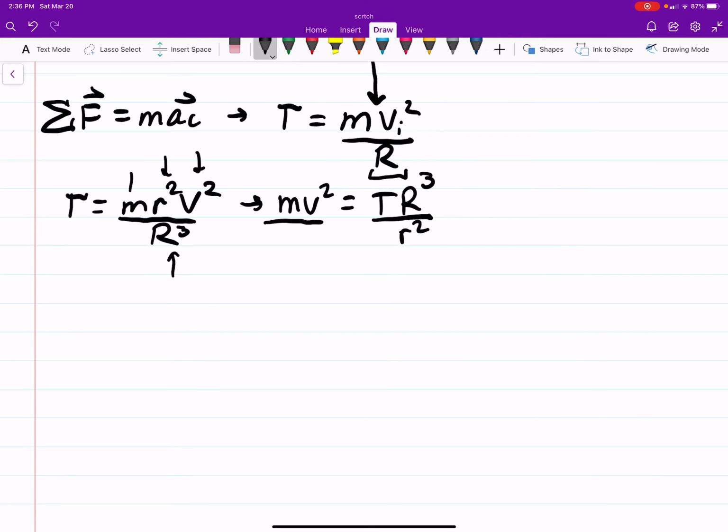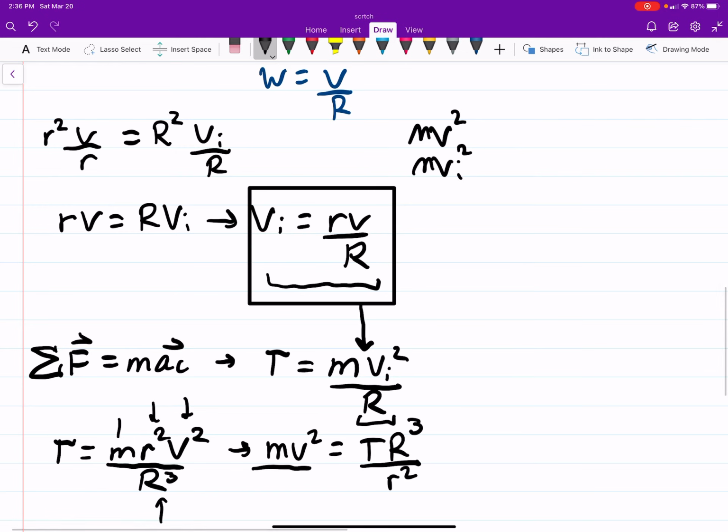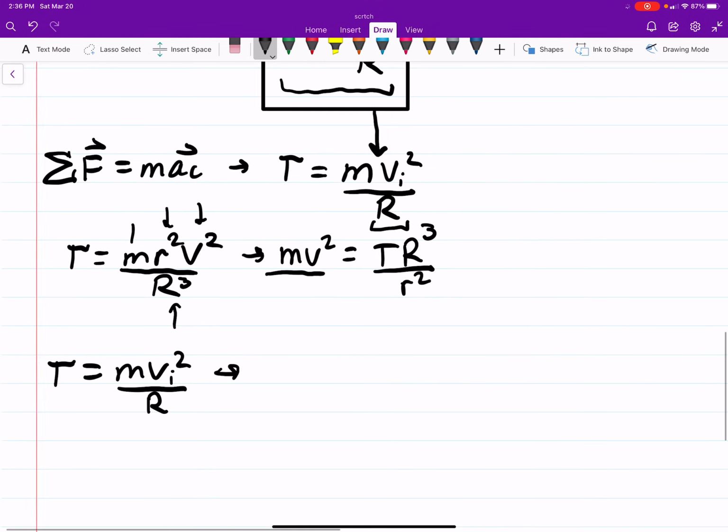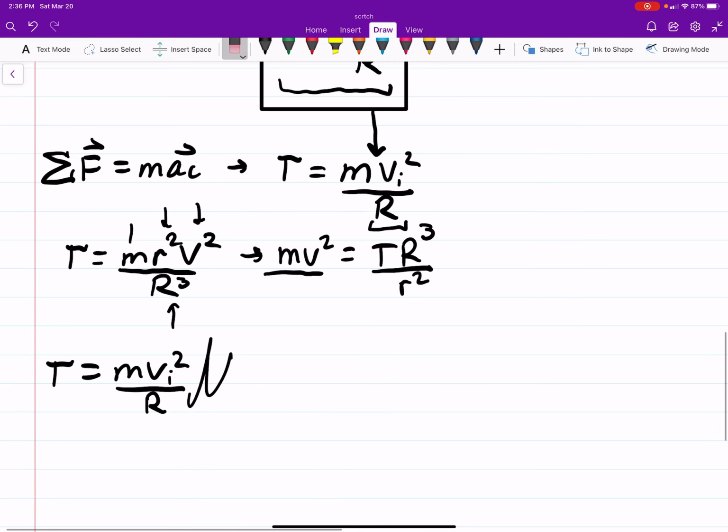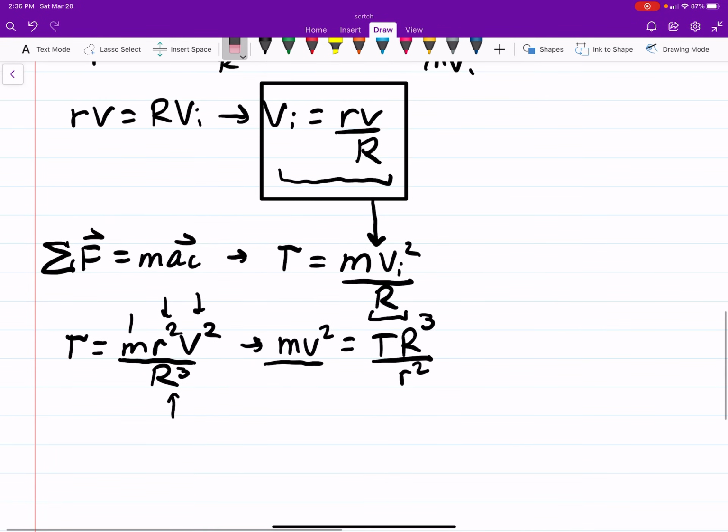Now that we have that, we need to find m v initial squared. We could have just looked right here, because we know that T is equal to m v initial squared over big R. So we can say just T times R is equal to m v initial squared.